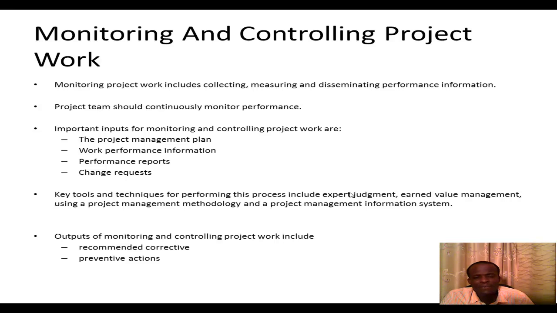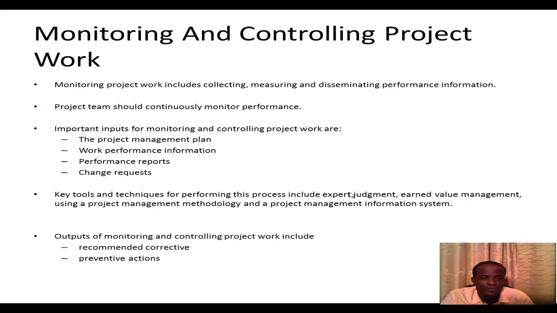Another very important set of inputs helps the project manager monitor and control the project. And this includes the project management plan, of course. That's the main reference document as far as the project is concerned. Others include work performance information, performance reports, and then change requests.